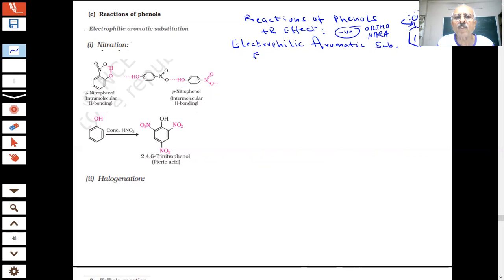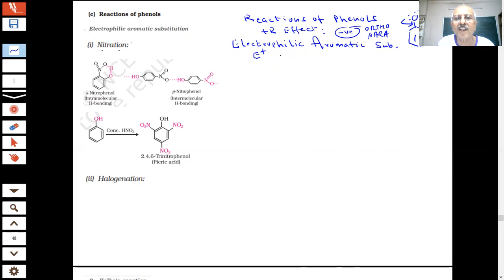Electrophile means there should be a reagent which has E plus, positively charged reagents. And on the benzene ring, there are plenty of electrons around it. These pi electrons are there. There is a negative charge at ortho and para positions. So they will attack the benzene ring. They will attach themselves at ortho and para positions. Yes or no? Tell me yes. Yes sir. Okay, very good. So that means we can do electrophilic aromatic substitution.